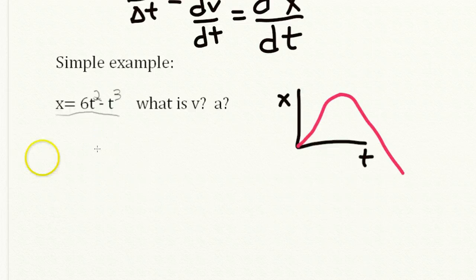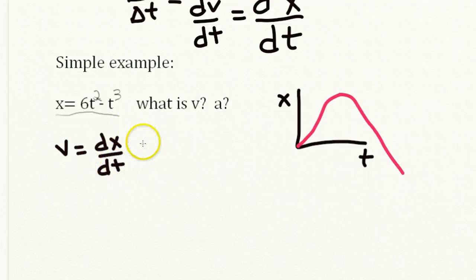And we could just write down here velocity is going to equal the derivative of x, the position, with respect to time. And I can just do this from sight. That's going to be 12t minus 3t squared.